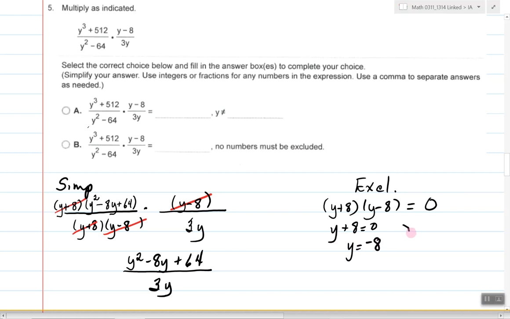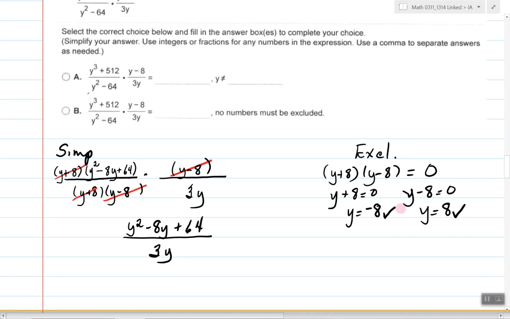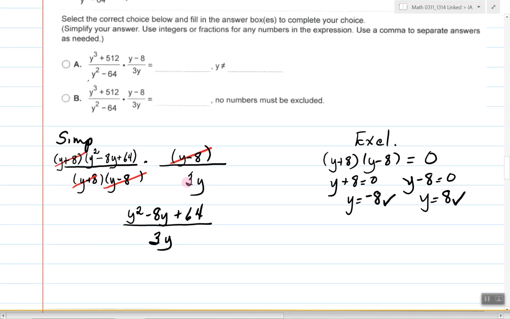If y minus 8 is 0, y is positive 8. That's a domain exclusion. It makes a denominator equal 0. The other one comes from this denominator. If 3y is 0, you could divide by 3, or just look at it and say, yes, 0 is the domain exclusion.